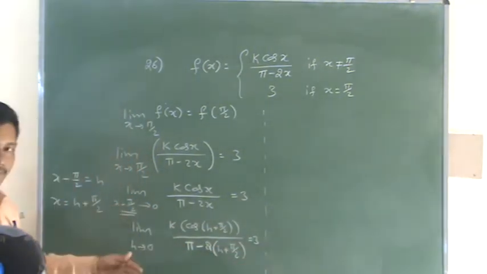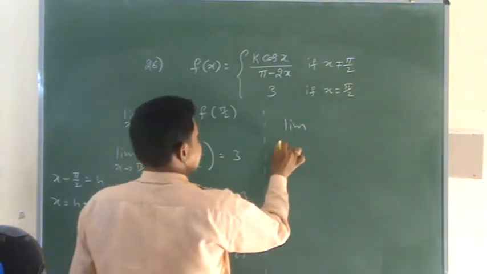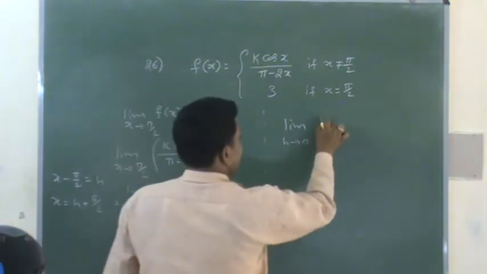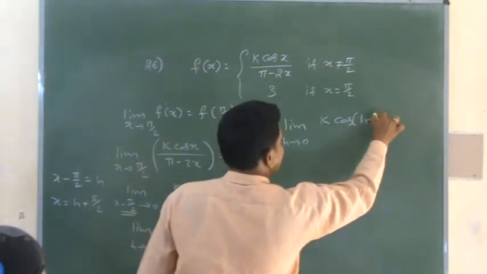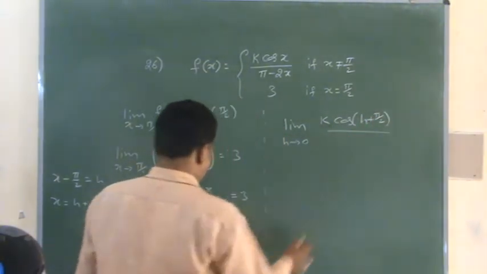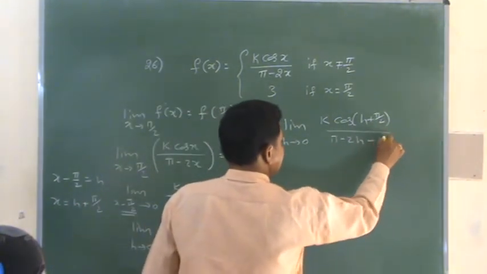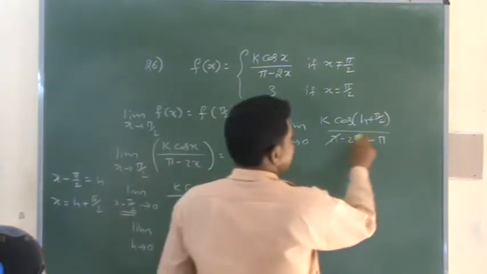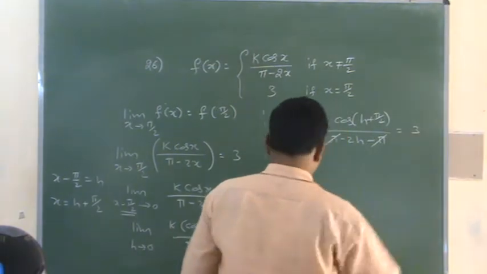And there is one more step. I want to simplify the denominator. Limit h tends to 0, k cos of h plus pi by 2, and the denominator I take as pi minus 2h minus pi. Do you understand? Simplify, the pi cancels. Here I got the answer, 3 is already there.